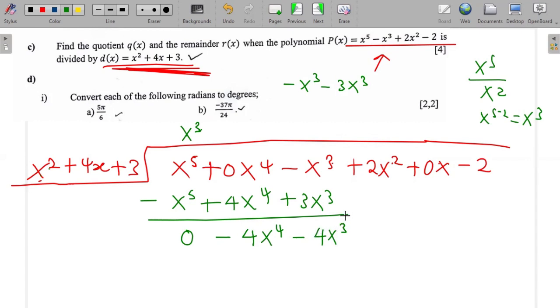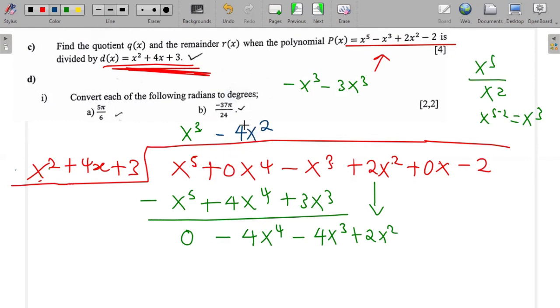And then from there, I can bring down this guy here, so it will be plus 2x squared. And then I do the long division again. So it will be x squared divided into this, so I'll get minus 4x squared.